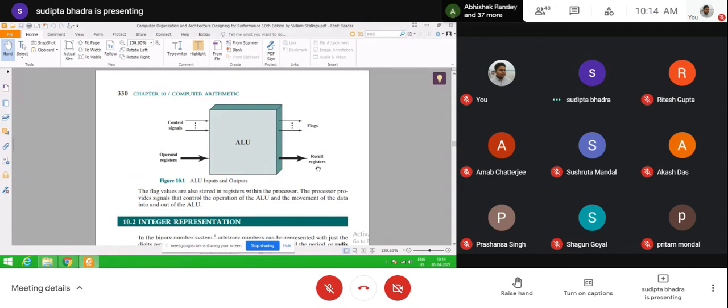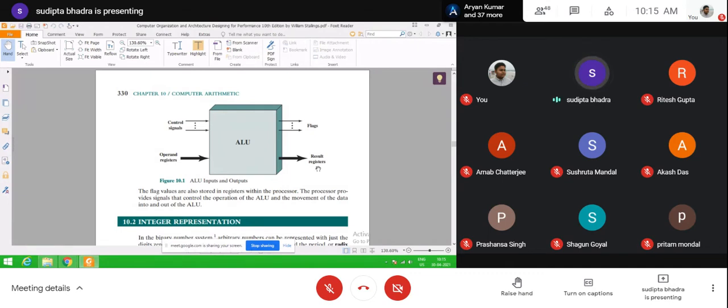Now, the ALU performs arithmetic and logic operations. Arithmetic operations mean addition, subtraction, multiplication, and division on integers, and addition, subtraction, multiplication, and division on floating-point numbers. Logical operations mean AND, OR, NOT, NAND, XOR, whatever logical operations are present.